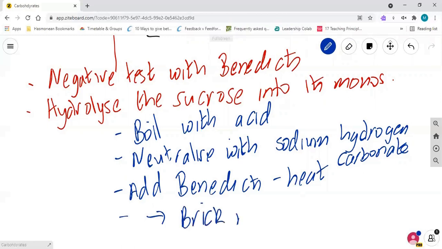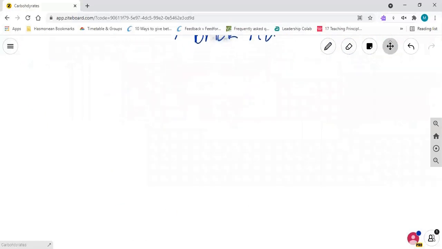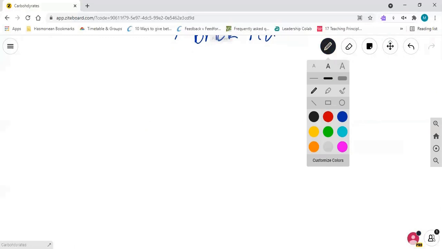So the important thing is for the test for sucrose, once you've got a negative test with Benedict's, you know that no sucrose is present. You're going to need to hydrolyze the sucrose by boiling it with acid, neutralizing it, and then you can do the Benedict's test again. Okay, so now this leads on to our polysaccharides.